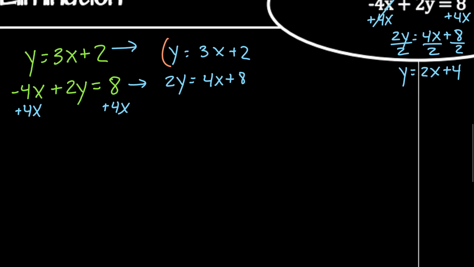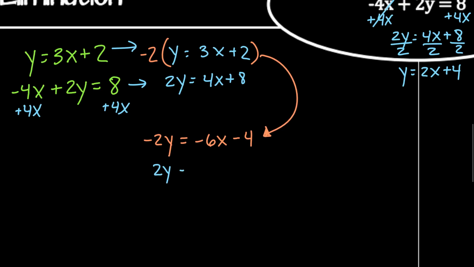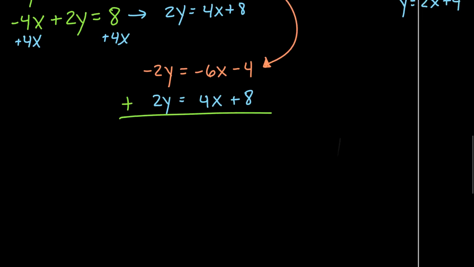So this entire top, I'm going to multiply by negative 2. It becomes negative 2y equals negative 6x minus 4. And then I just bring down the bottom, keeping it the same. And I add these two equations together.